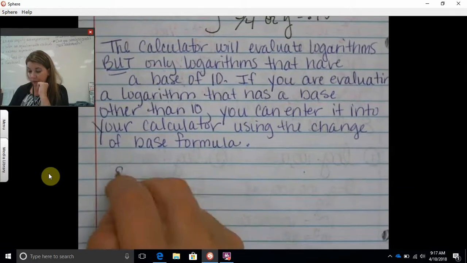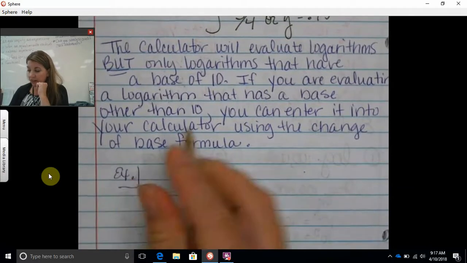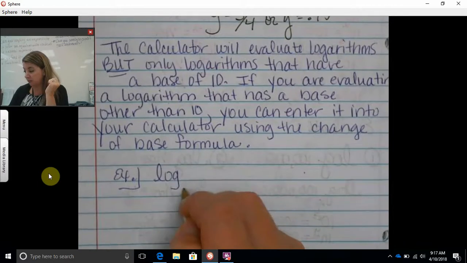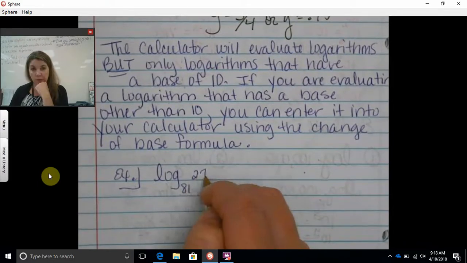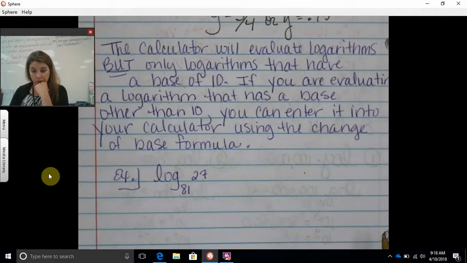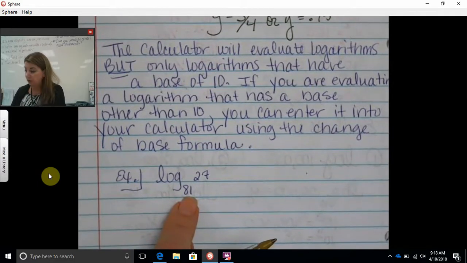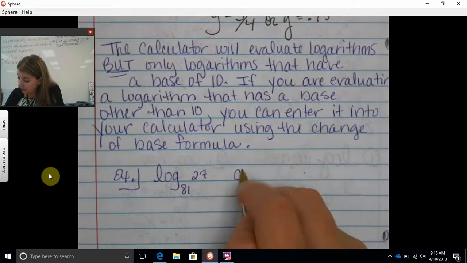So, for example, if I had the same problem as above, log base 81 of 27, and I wanted to evaluate it in the calculator. The calculator only does a base of 10. So I will convert this using the change of base formula. It's actually very simple.